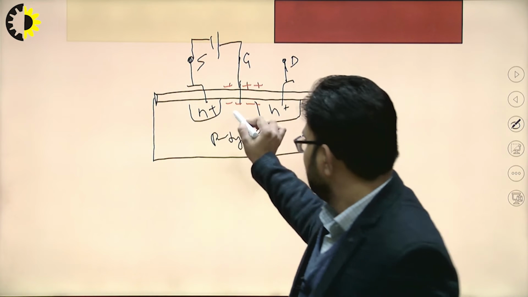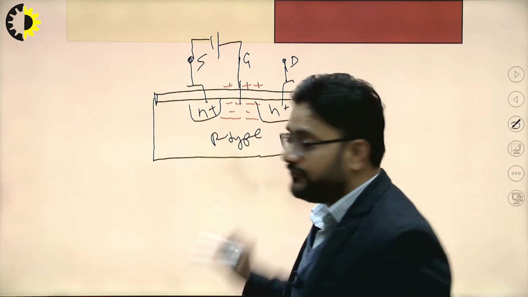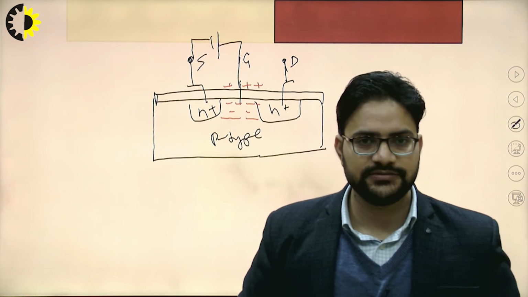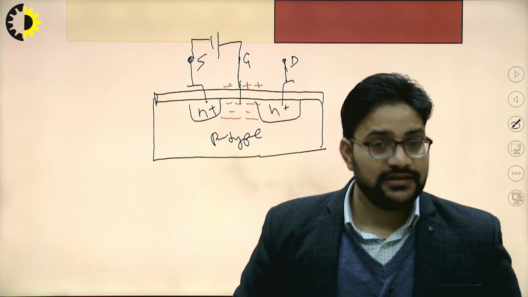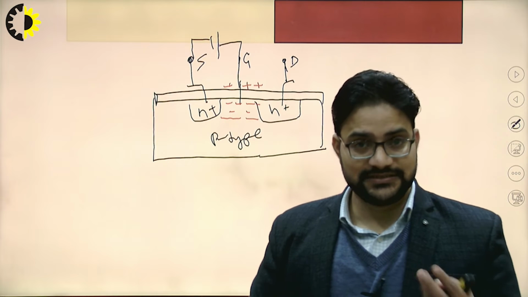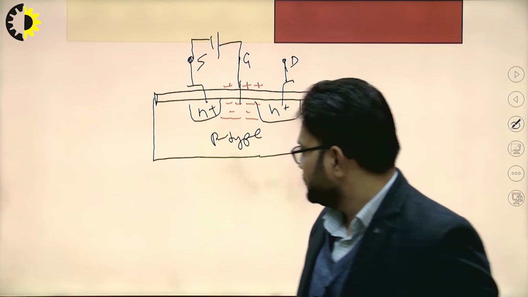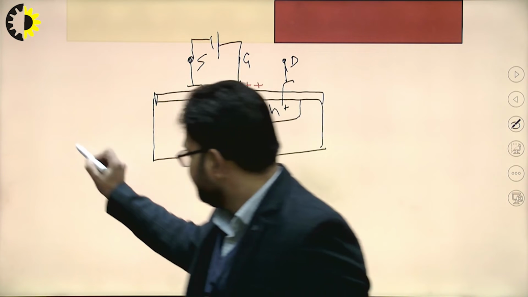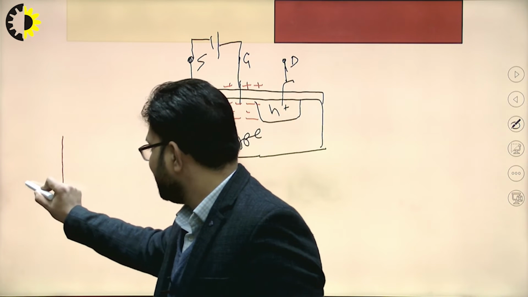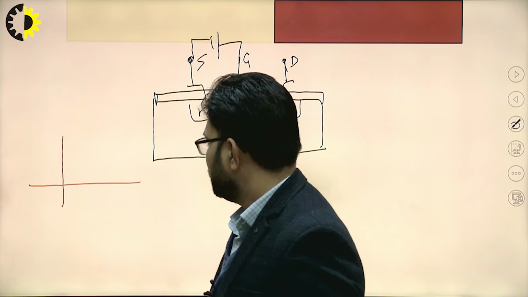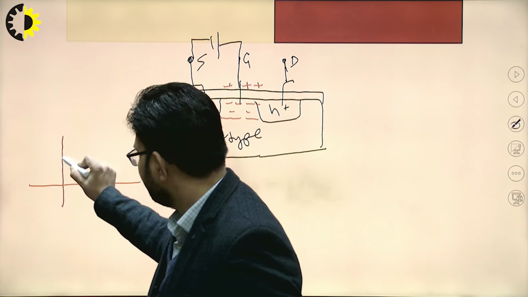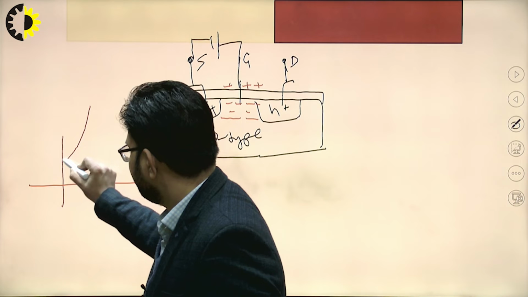Now the channel will have more electrons in this case. Due to this, the drain current will increase, right? So if you plot the gate characteristics, it will look like this one.